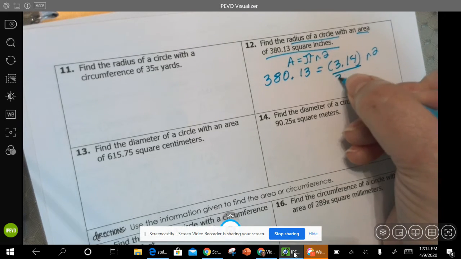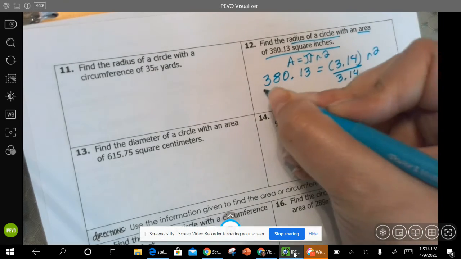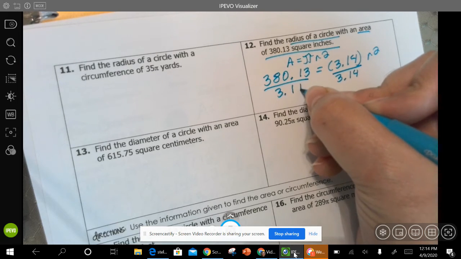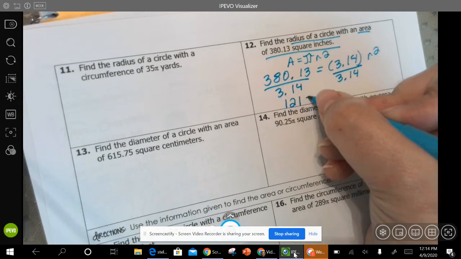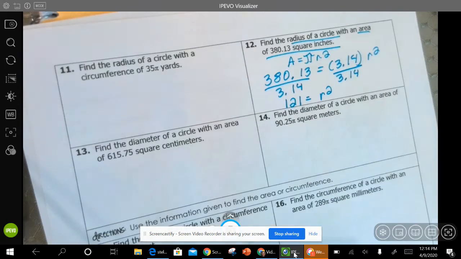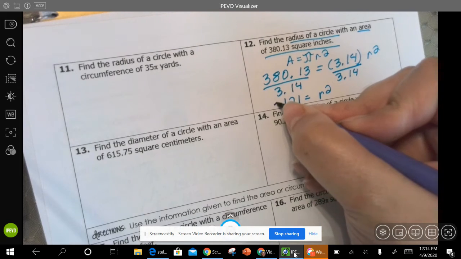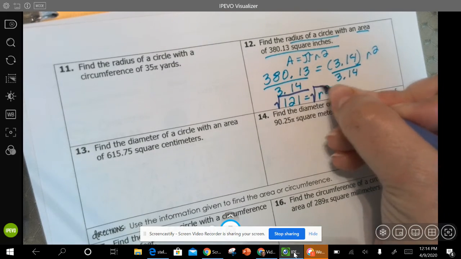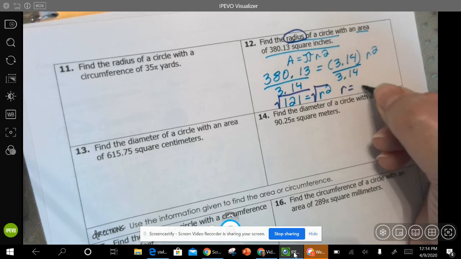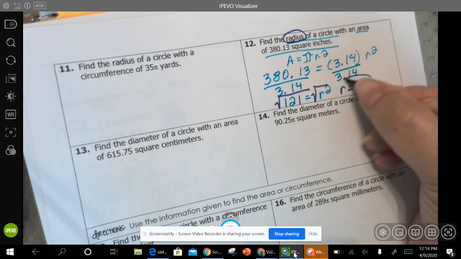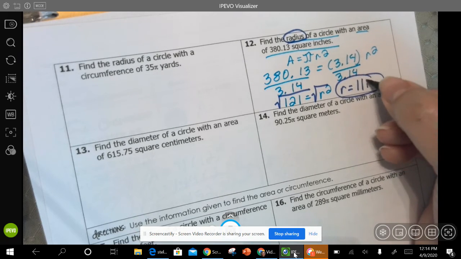I just divide each side by 3.14, and we get approximately 121 for the radius squared. Remember, just like with the Pythagorean theorem, we have to take the square root because we're solving for radius, not radius squared. So the radius is going to be equal to 11 inches.